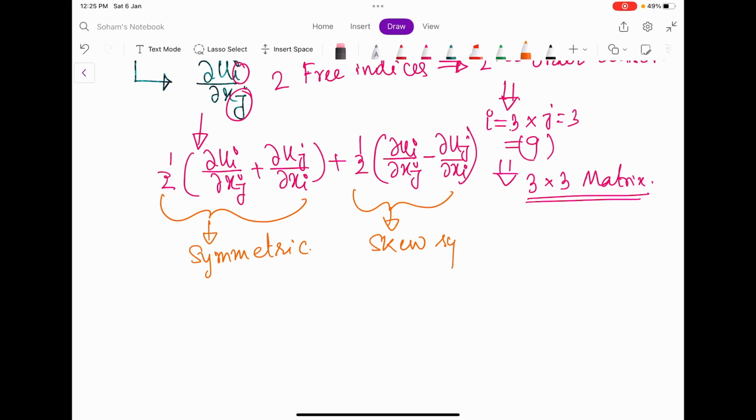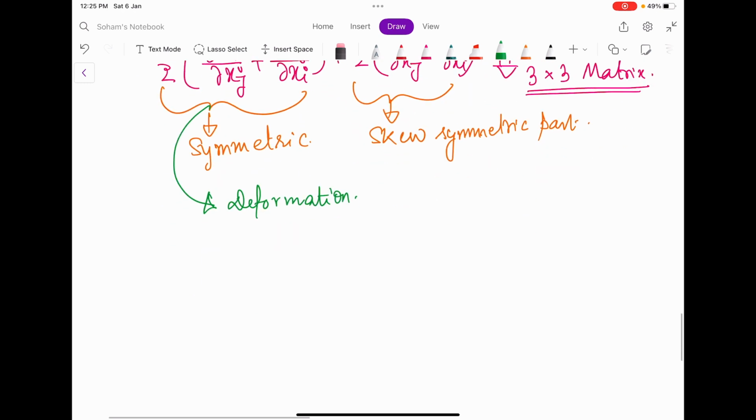This is the skew symmetric part. The symmetric part denotes the deformation, not specifically linear or angular. If i equals j, then it will be linear deformation. It is your task to verify this and make yourself understand.